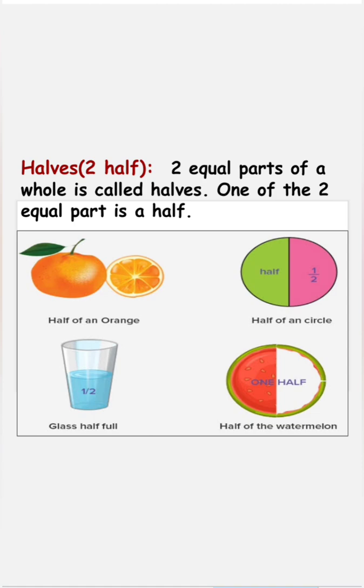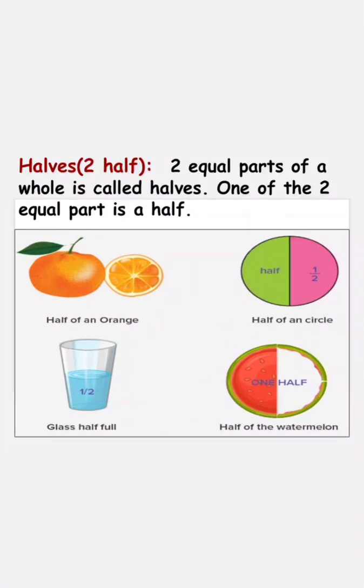Half means 2 equal parts of an object. So, 2 equal parts of a whole is called halves, and one of the 2 parts is known as half. Like here we can see few examples.